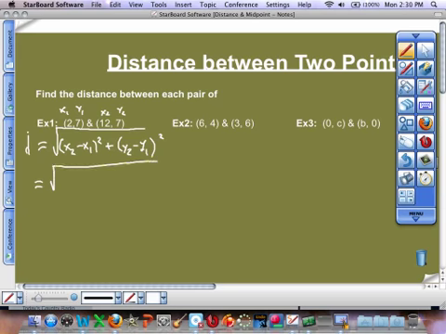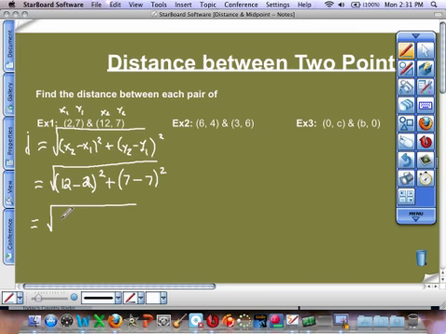Alright, so now that I've got them labeled, what's my x2 value? 12. What's my x1? 3. Plus, what's my y2 value? 7. Minus. Okay, so what's 12 minus 2? 10.